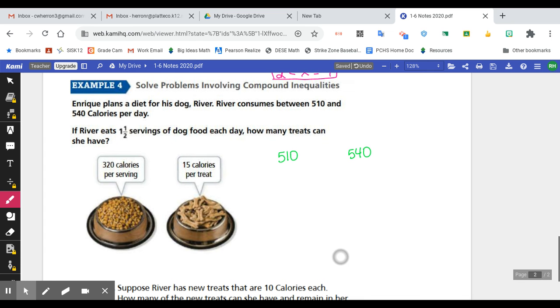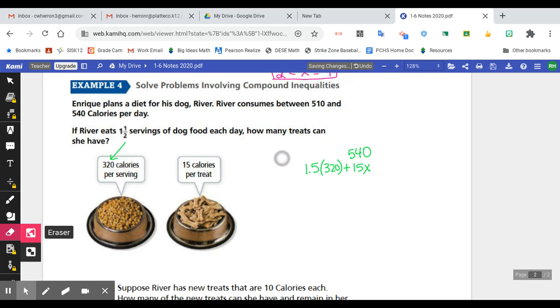So we need to know if she has 1.5. Let me make some more room here. If she has 1.5 times this, because that's her number of calories per serving, they want to know, in addition, how many treats can she have at 15 calories per treat.